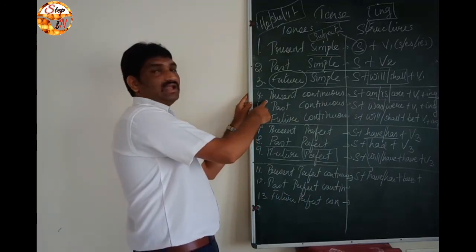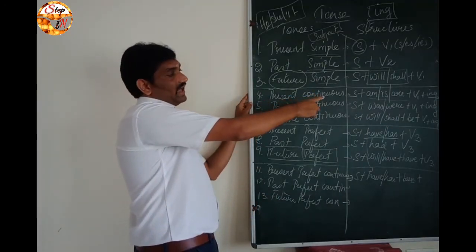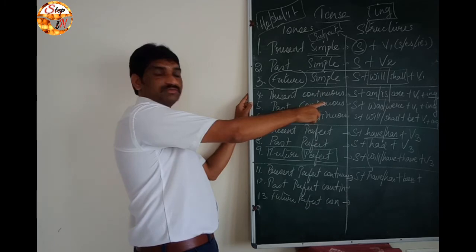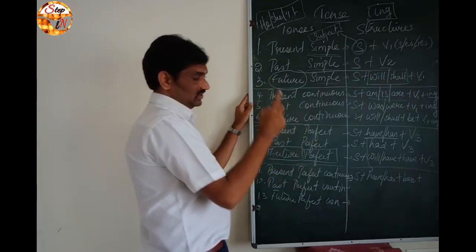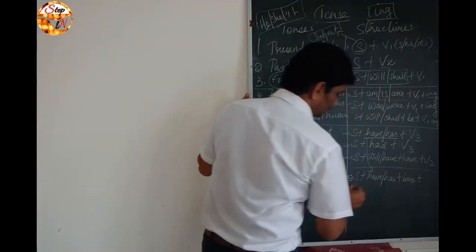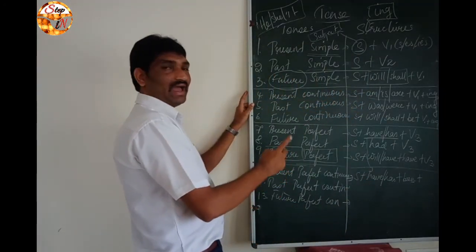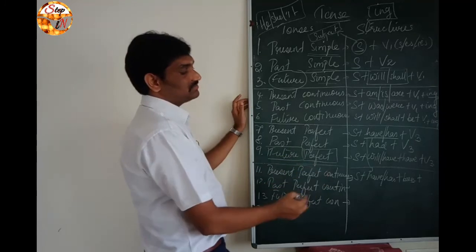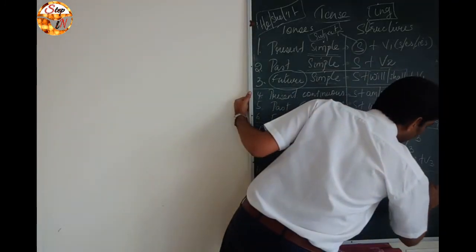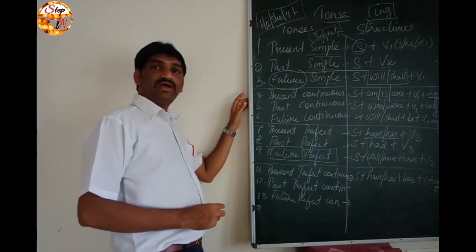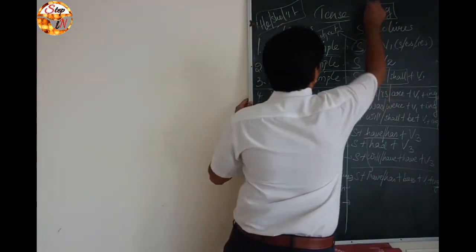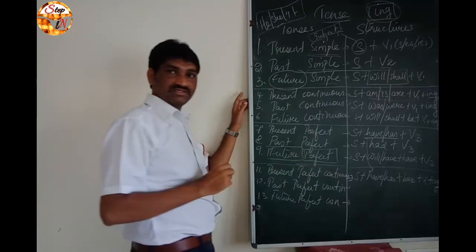The second aspect, continuous tense, has auxiliary verbs, be form verbs, but here we must use been. So we have subject, have or has plus been plus verb 1 plus ing to indicate it is in continuous tense. As I said before, it should have the ing form.